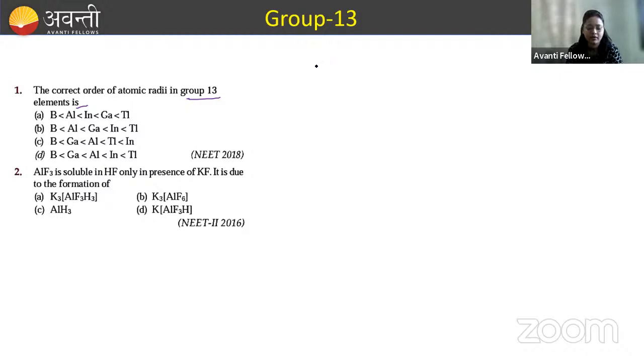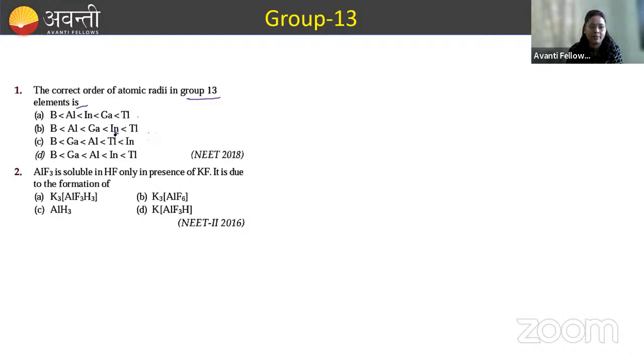Any answers? Whether it goes on increasing or decreasing. So here from boron to thallium, what is happening? The radius is increasing, boron, aluminum, indium, gallium, and thallium.